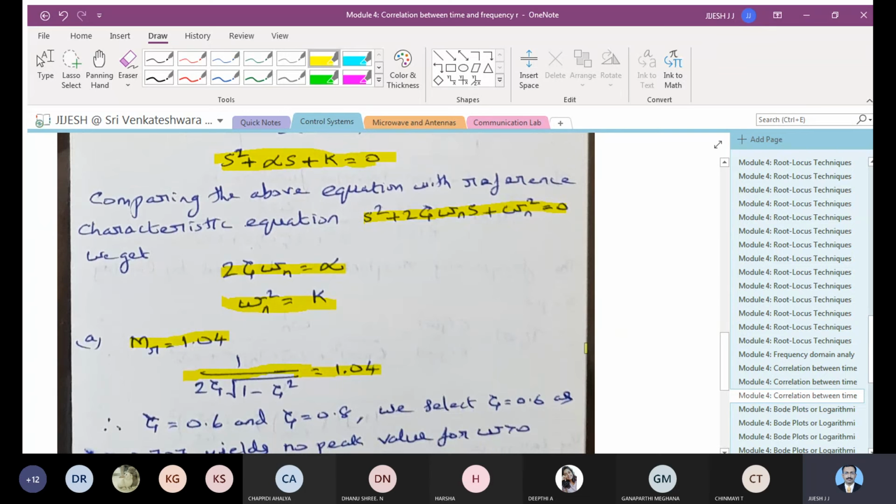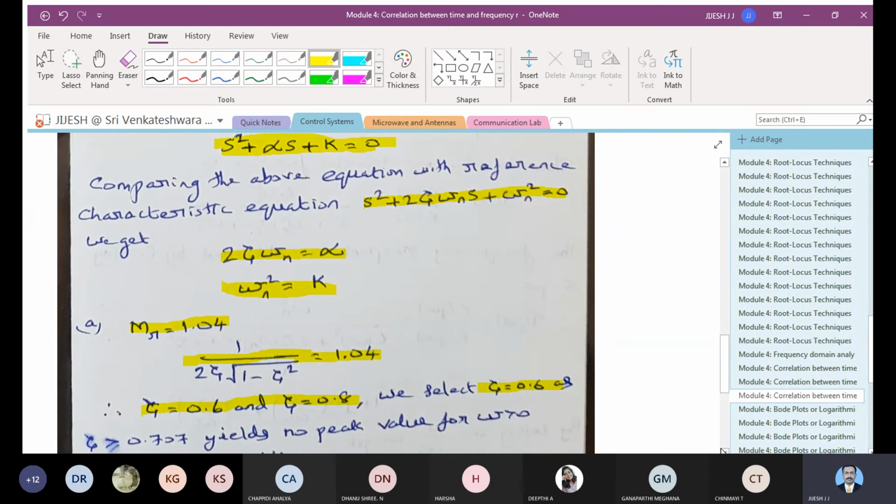So the zeta values are 0.6 and 0.8. We can select zeta is equal to 0.6, as zeta greater than 0.707 yields no peak value for omega greater than 0. These conditions we have seen in the previous derivations.